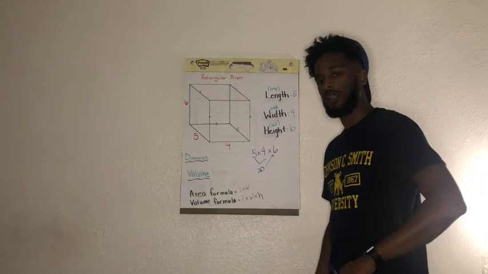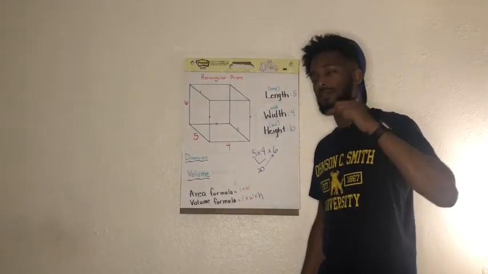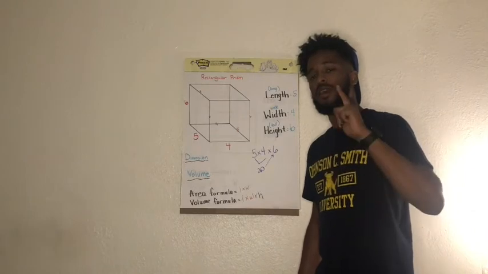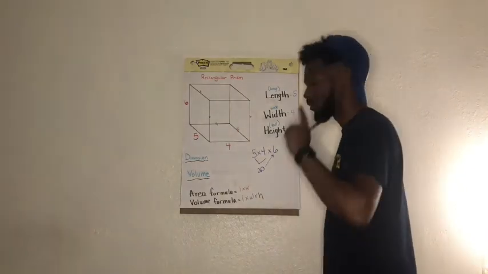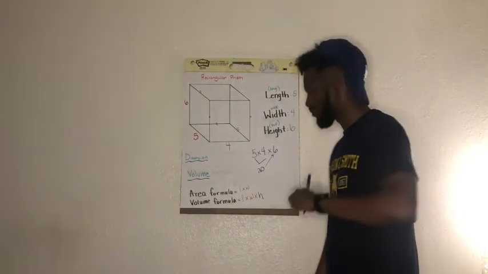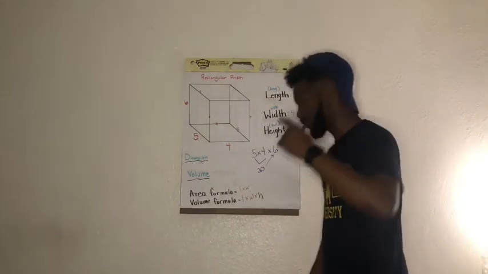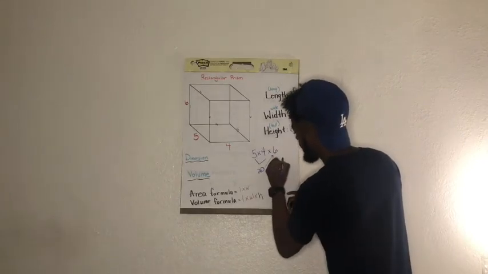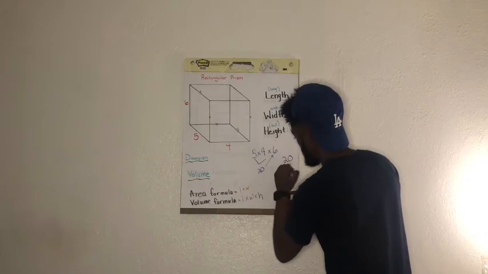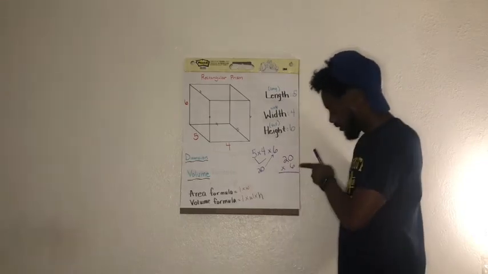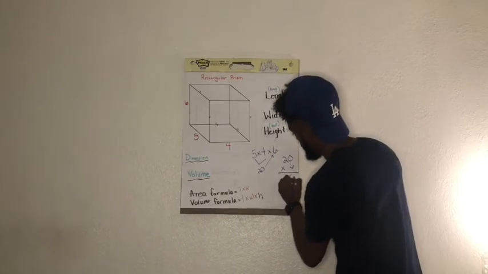20 times 6. Remember last week we learned how to multiply double digits and single digits, or single digit numbers and 2-digit numbers, remember? So what I can do using the lesson from last week, I'm going to line it up. I've got 20 times 6, right? 6 times 0 gives me 0.